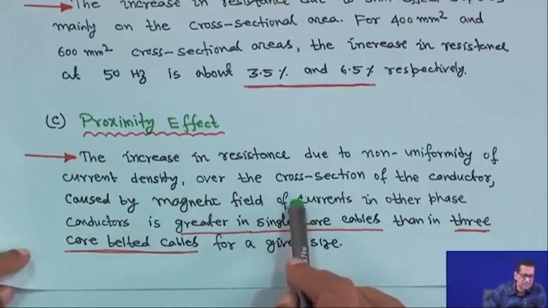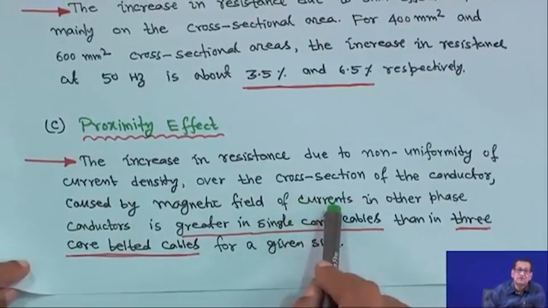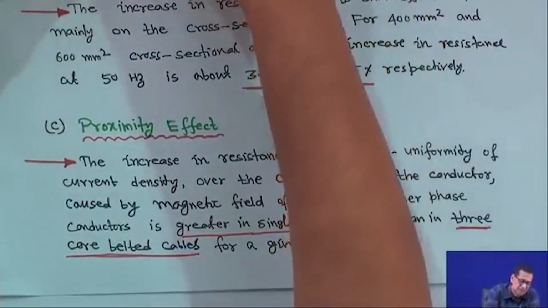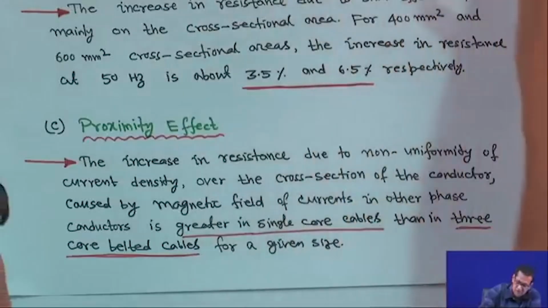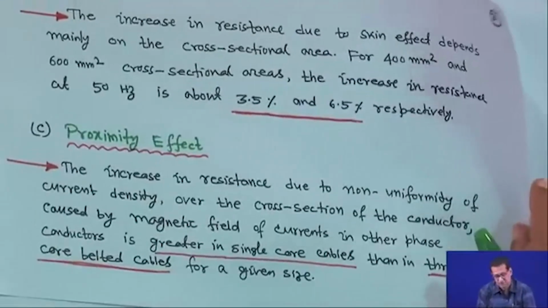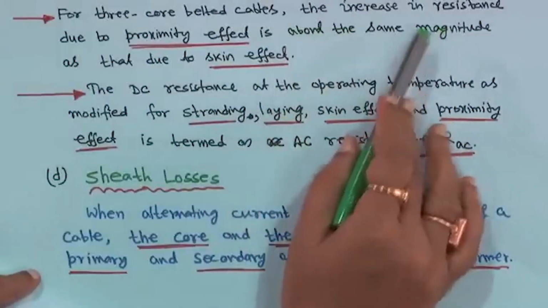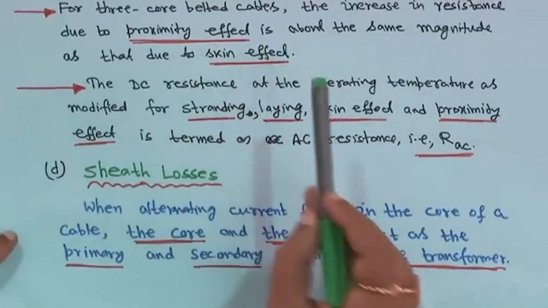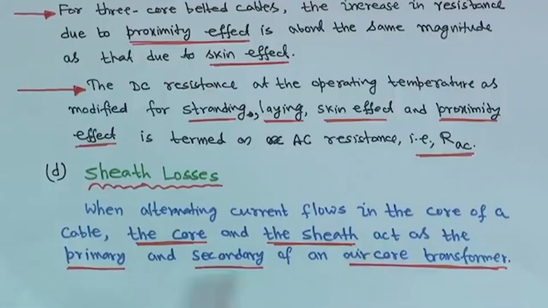Proximity effect also you have studied in your inductance chapter in your power system analysis course in college, so it will not be covered here; only for cable calculation purposes it has been shown. Now for 3 core belted cables, the increase in resistance due to proximity effect is about the same magnitude as that of skin effect.